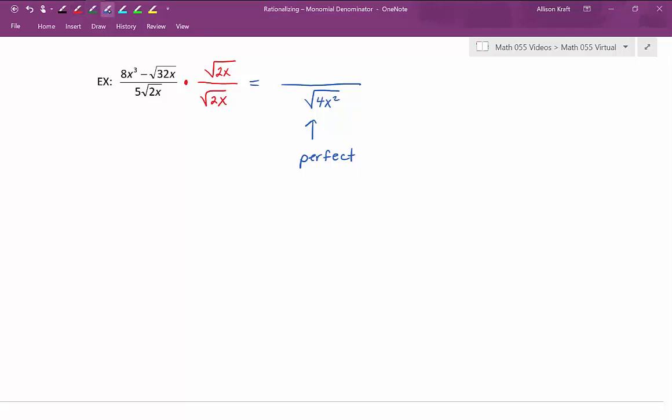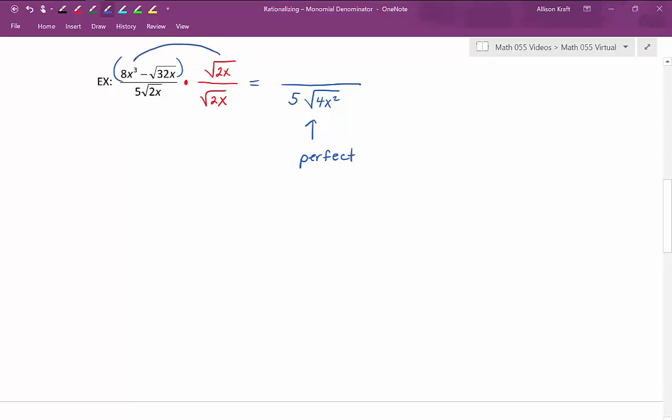But since there was more happening in the denominator, I can't just finish the denominator right now. If we multiply what's on the outside together with our denominator, we get 5 on the outside, and then the square root of 4x squared underneath. In the numerator, since there are two terms, we're going to have to distribute.